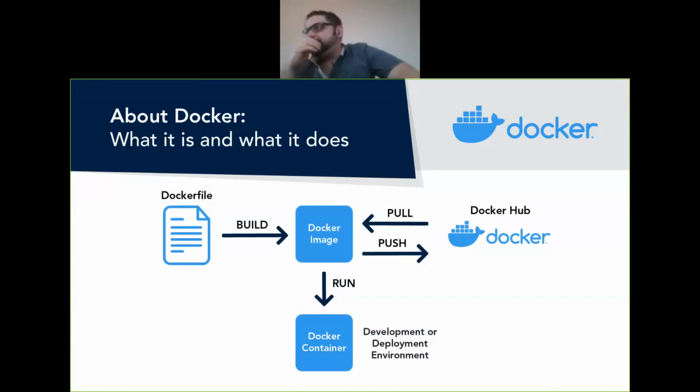What we're seeing here is what I just described, the Docker image and the Docker container. You can see on the right side, Docker Hub. Docker Hub is where we can get public images, and based on our needs, we can go to Docker Hub and pull images.